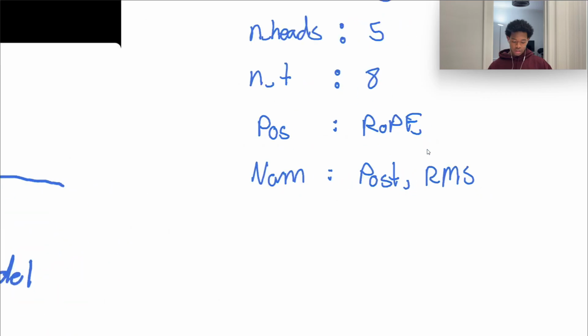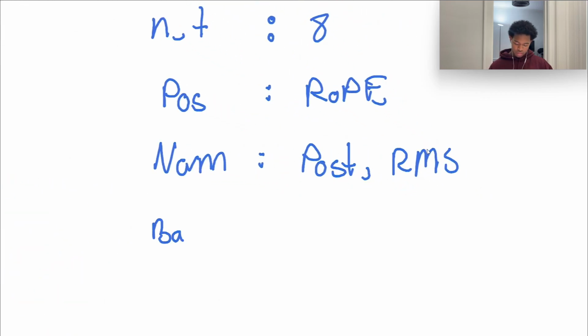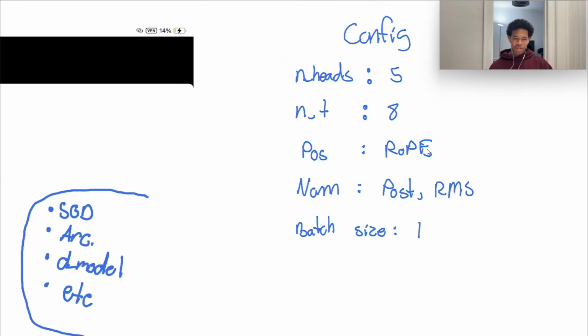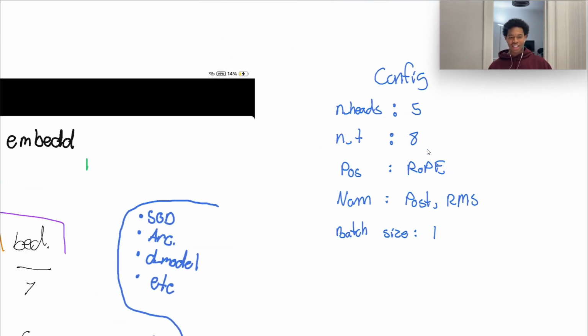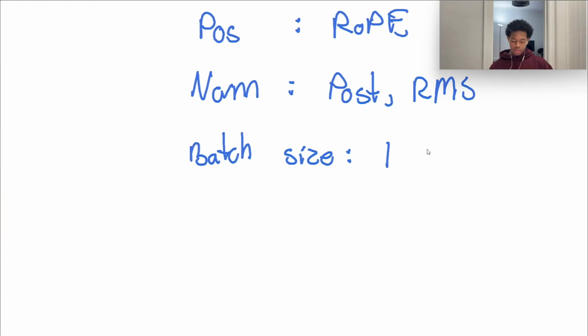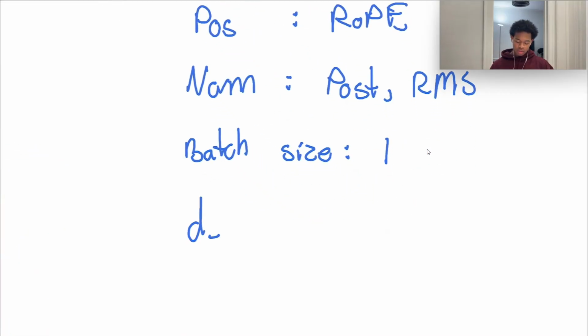What else am I missing? Ooh, batch size. Batch size has to be one for our sake, so we're doing pure stochastic gradient descent. Oh, D model. D model is a particular thing that must be decided on its own. Interesting.